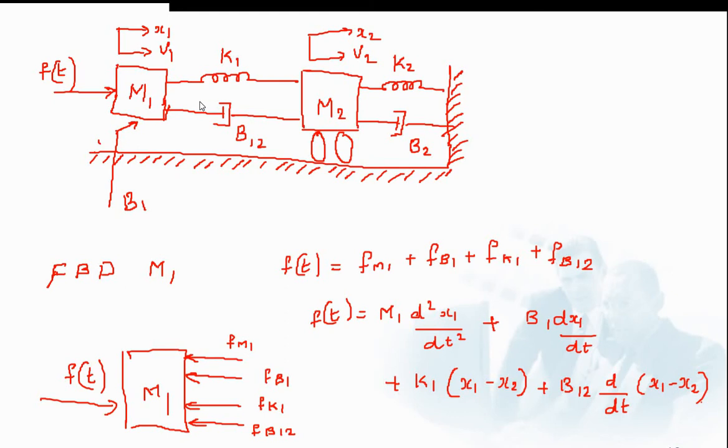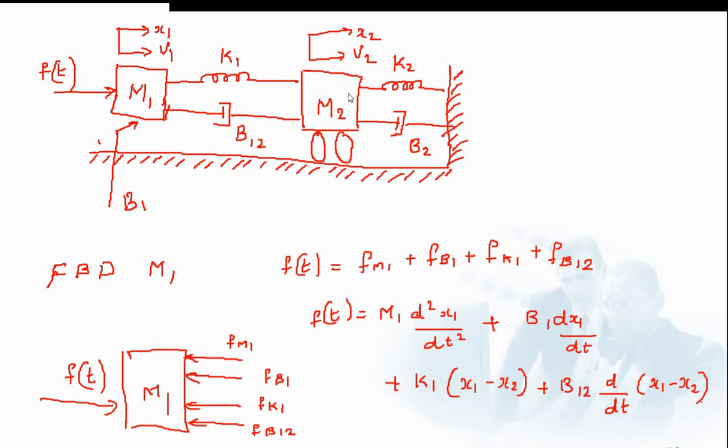So the analogous elements corresponding to K1 and B12 should be common to both the meshes.